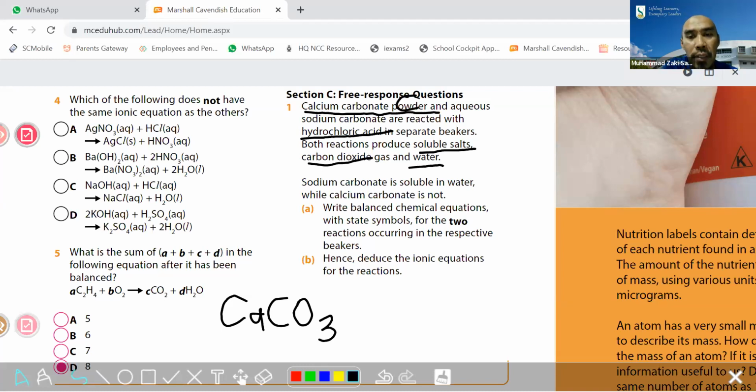See, powder is a solid, so you put (s) by the side. Then plus hydrochloric acid. Hydrochloric acid is HCl. Acid, you must memorize, is always (aq).